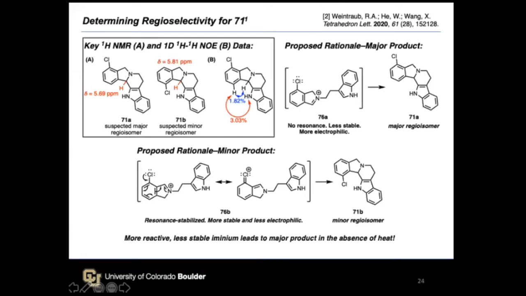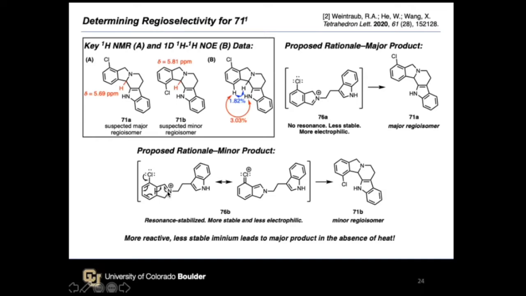And so that is consistent with cyclization through the aminium that is meta to the chlorine. So in other words, that would be this intermediate here. There's the aminium, there's the chlorine, so they're meta to each other. So that's consistent with cyclization through that intermediate, which is not stabilized by the chlorine via resonance and is consequently less stable than aminium 76B down here, which is resonance stabilized because the chlorine is in the ortho position there.